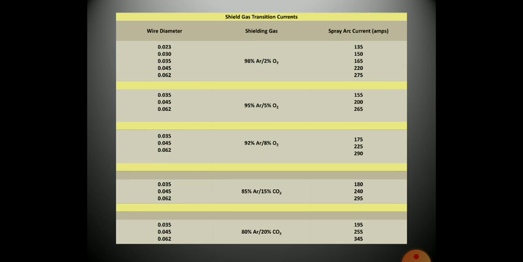As you can see, these combinations of gases are utilized for the spray arc. For a wire diameter of 0.023, the spray arc current would be 135. When utilizing 0.030, the amperage is 150, all with the shielding gas combination of 98% argon and 2% oxygen.